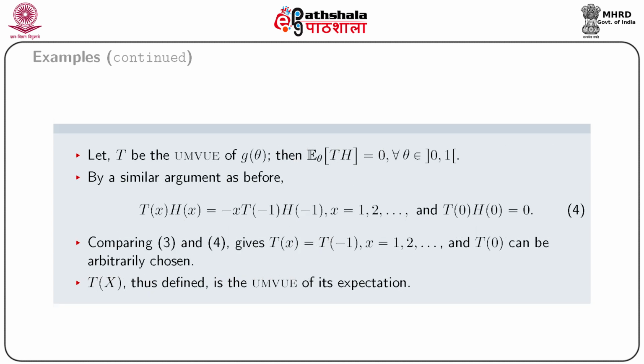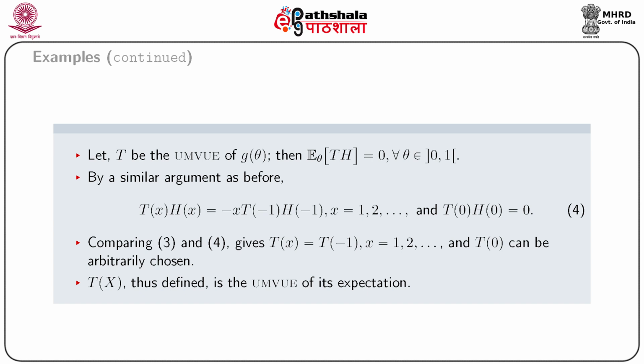Hence, by a similar argument as before, we get T(x)h(x) = -(x)T(-1)h(-1) for x = 1 up to infinity, and T(0)h(0) = 0.